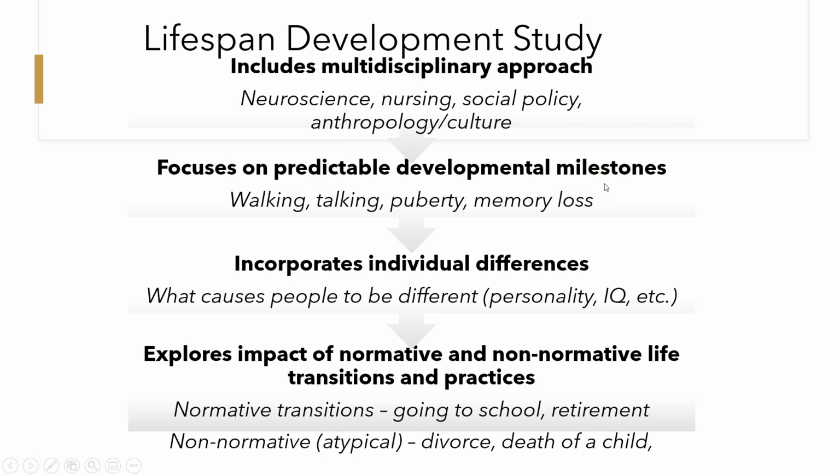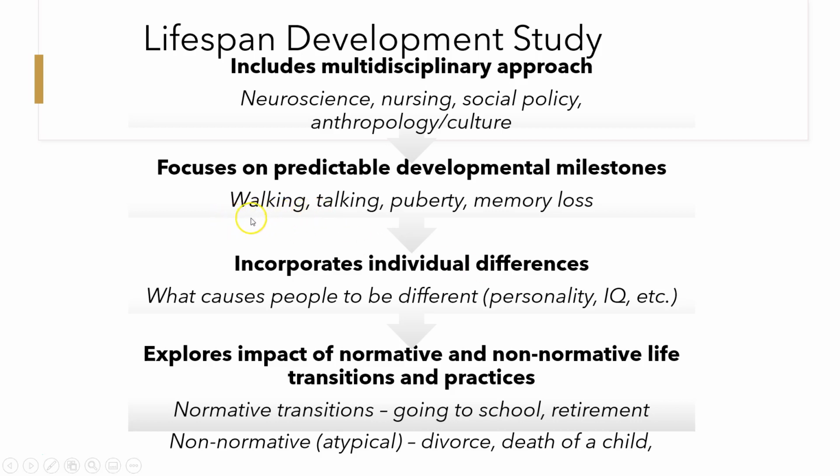There is a lot of research on when it is typical for children to start walking, to start talking, to go through puberty, and what about memory loss as people get older. So we look at those predictable developmental milestones, but then incorporate individual differences, because there is a very, very wide range of normal.